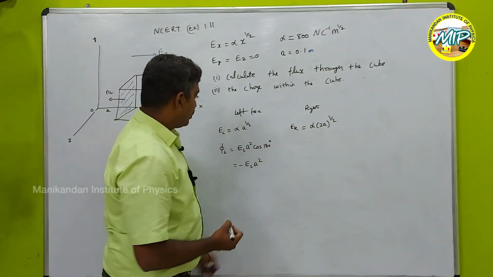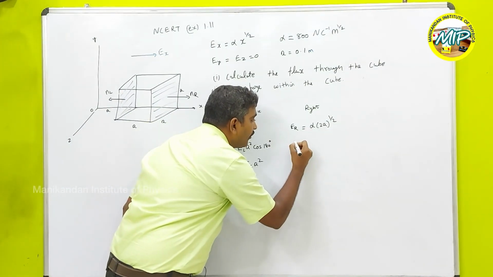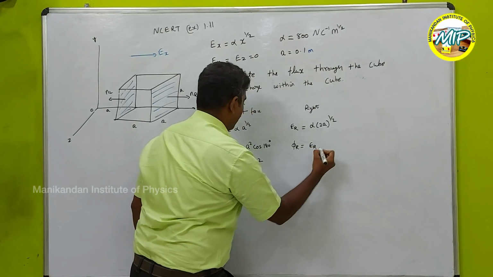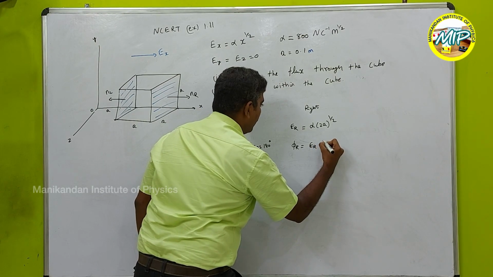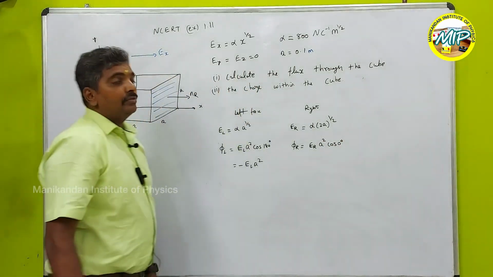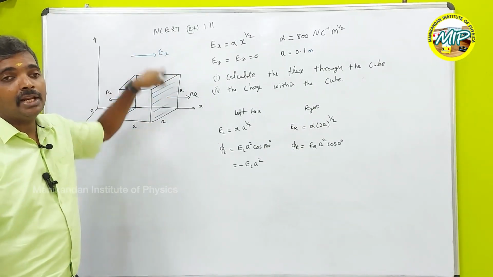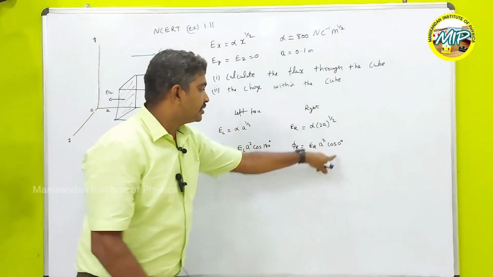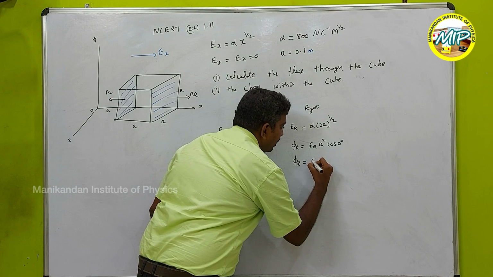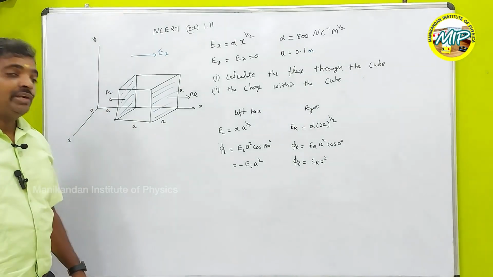And then I can simply write for the electric flux for the right face, phi_R equals E_R a square cos 0 degree, since the normal of the right face is parallel with the electric field along the x-axis, so I put cos 0. My flux through the right face I can simply write as E_R a square.